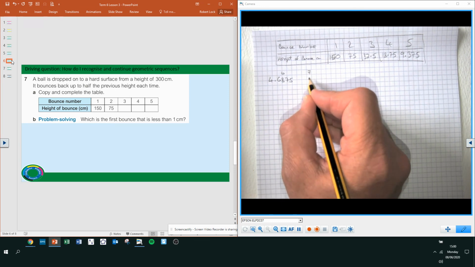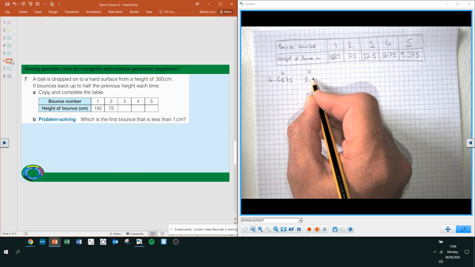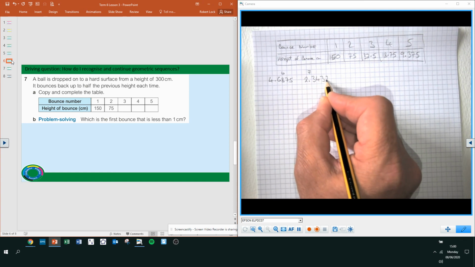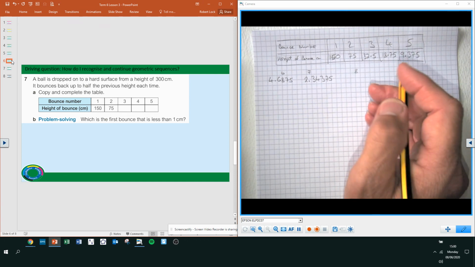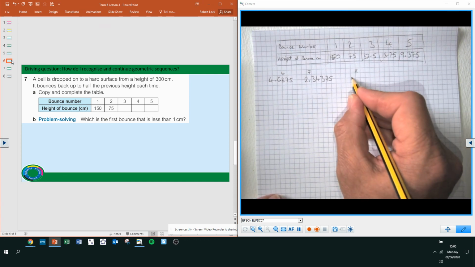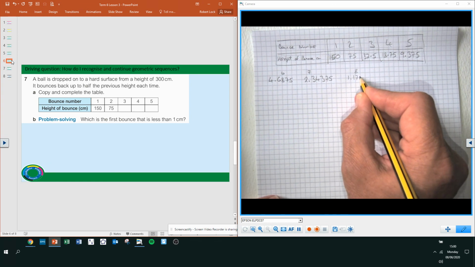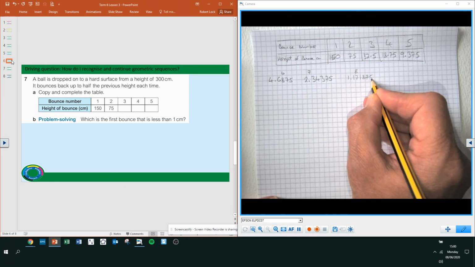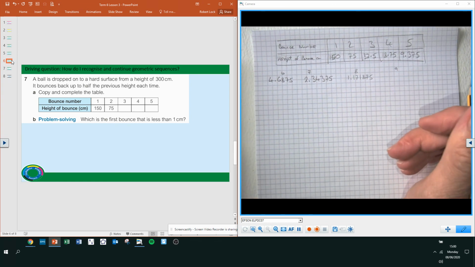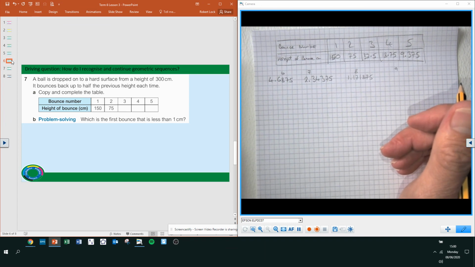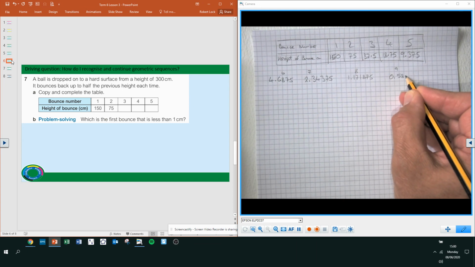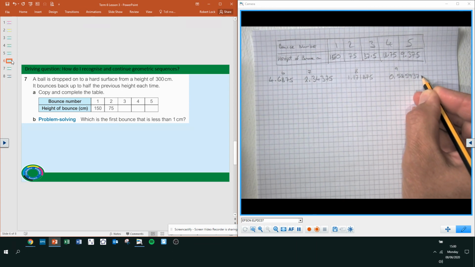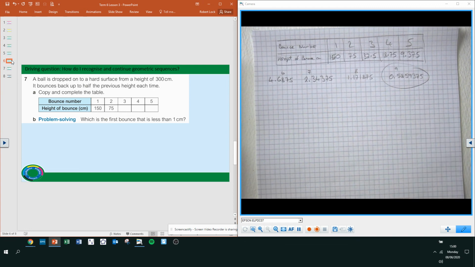Next one, 2.34375. Next one, 1.171875. Next one, 0.5859375. Less than 1, the ninth bounce.